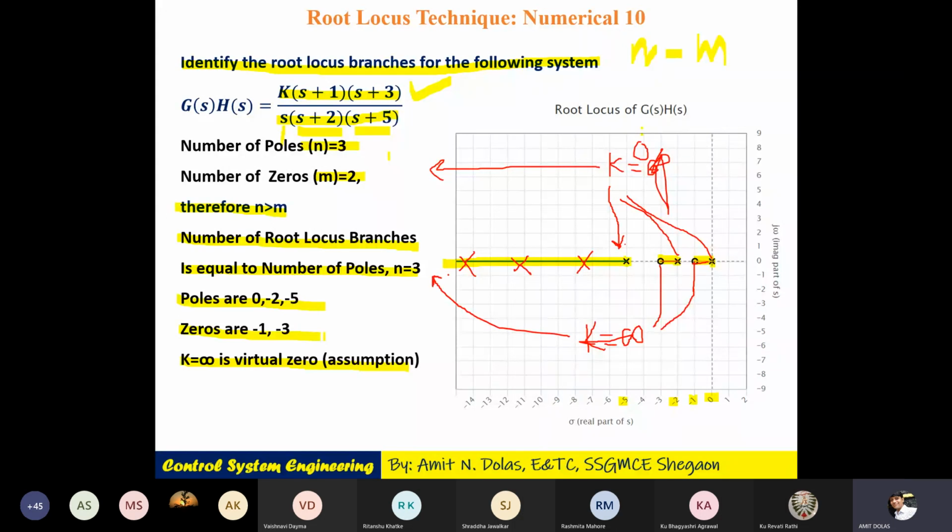So wherever the initial location of the pole, as per the transfer function, at that point the value of k is 0. As the value of k starts increasing from 0 towards infinity, once it reaches infinity, your pole moves towards infinity, or it may be at a zero, and if it is at a zero, that means the value of k is equal to infinity.